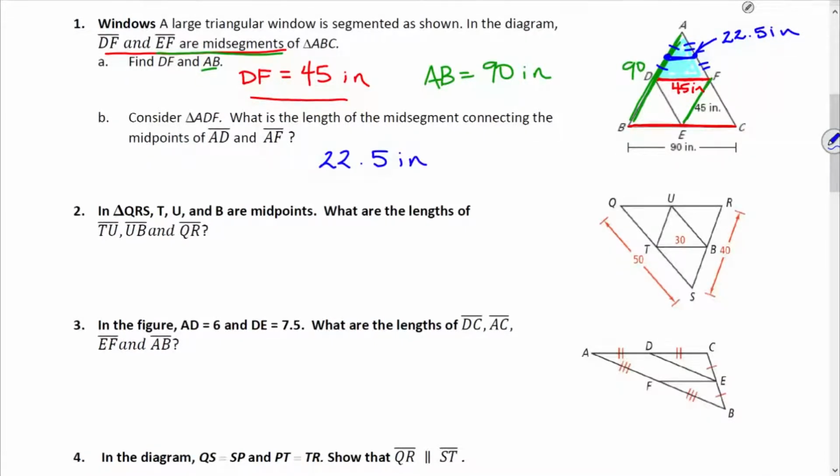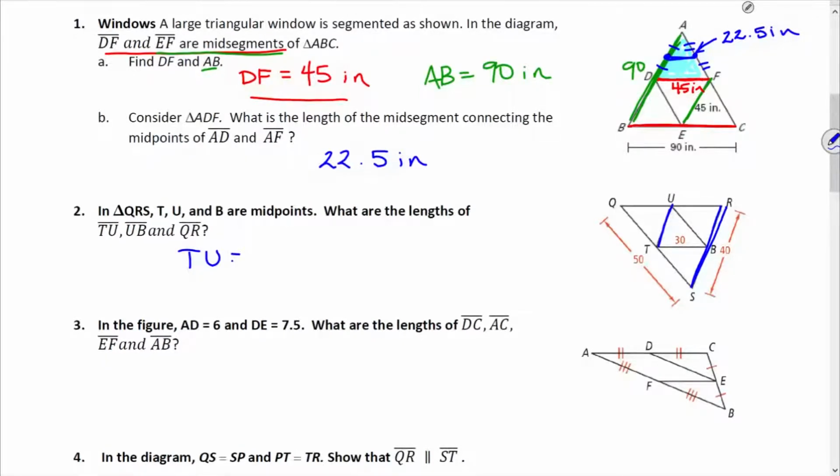In number 2, I'm looking at triangle QRS, and I'm told that points T, U, and B are midpoints. What are the lengths of TU, UB, and QR? Let's first look at TU. TU is right here. That's parallel to this side and half the length.